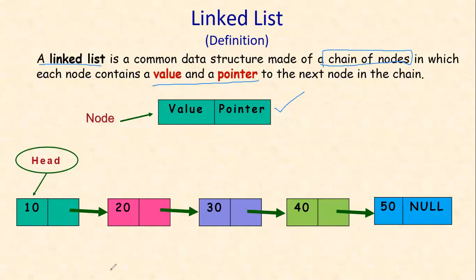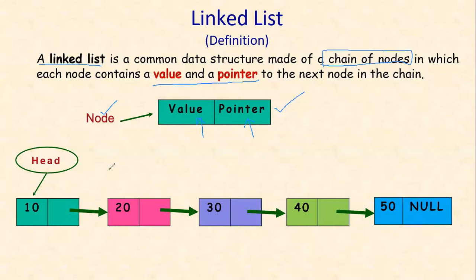So here I will declare a node as a structure which consists of one variable for the value and another one, a pointer variable, for storing the address.